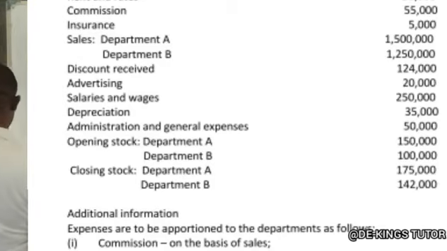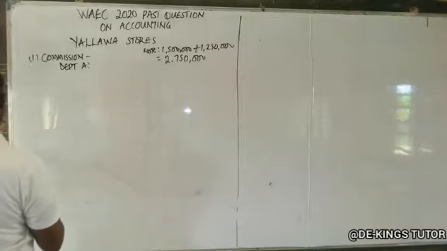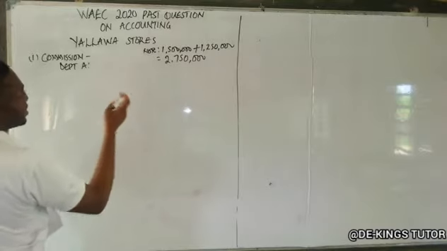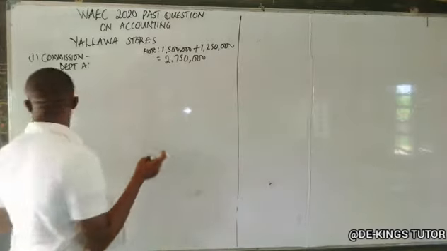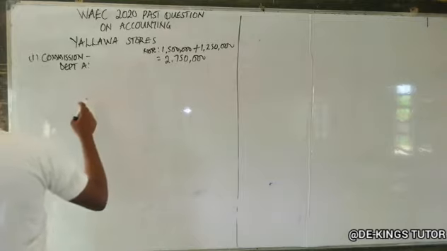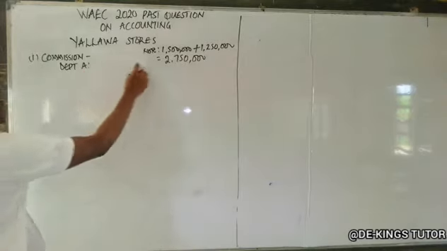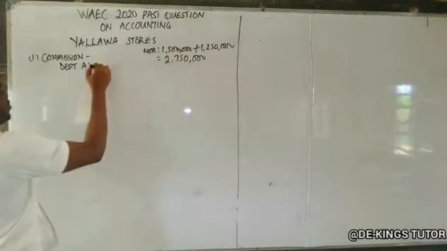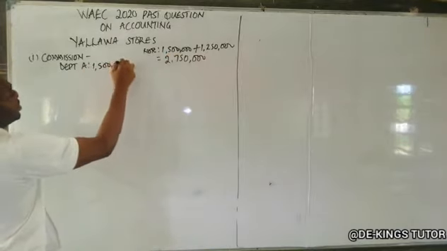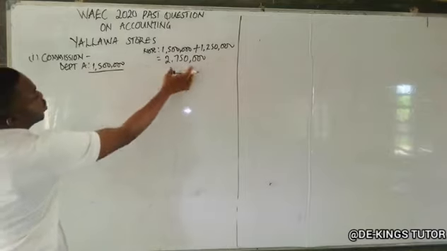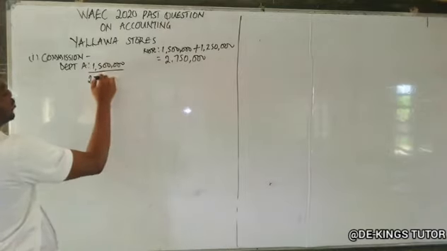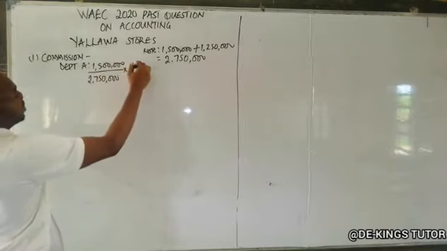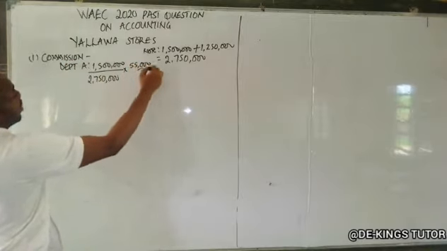Since they said on the basis of sales, Department A's sales of 1,500,000 divided by the total, 2,750,000, times the commission of 55,000 over 1. Once you do it, it gives us 30,000.